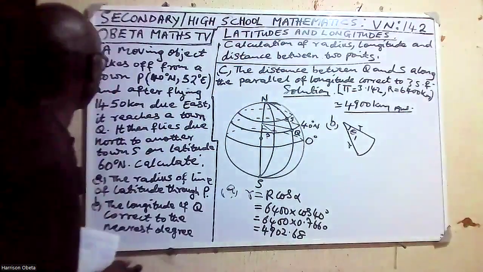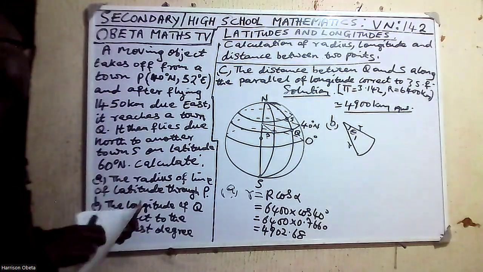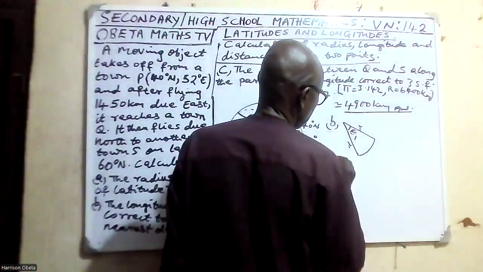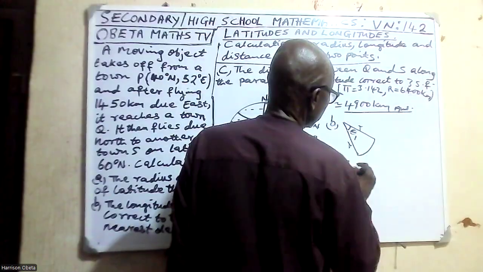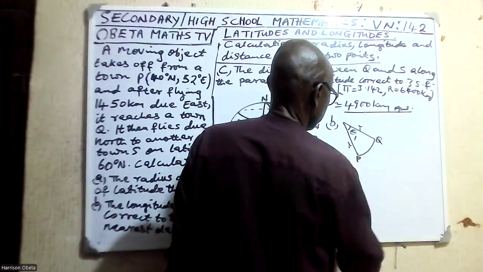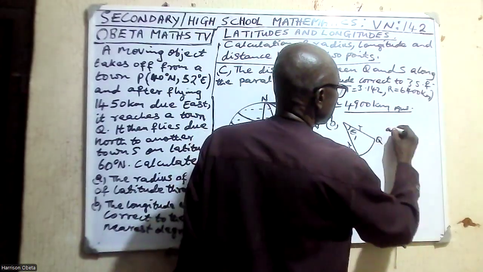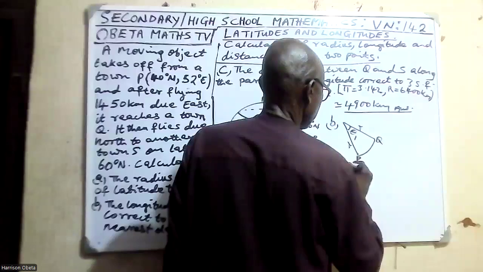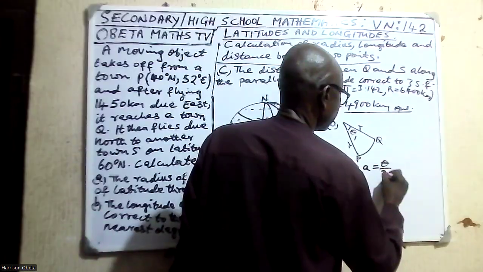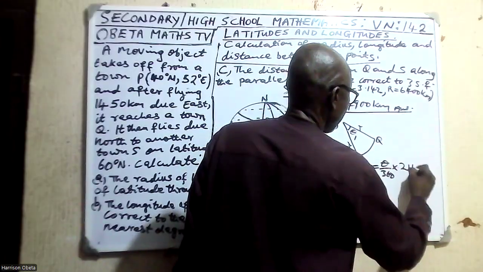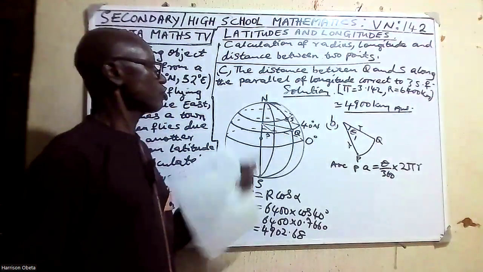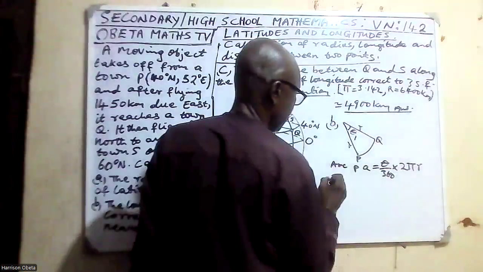Remember we have been given the distance between P and Q. So arc PQ is equal to theta over 360 times 2 pi r, because we are now talking of distance along a small circle.